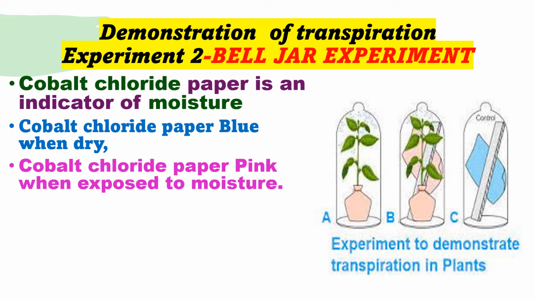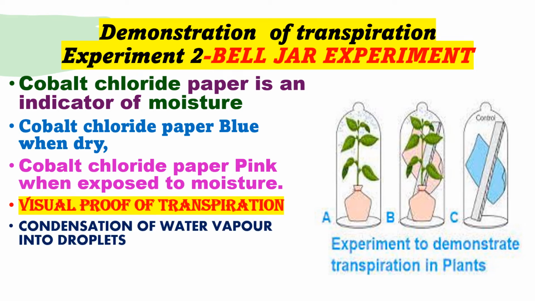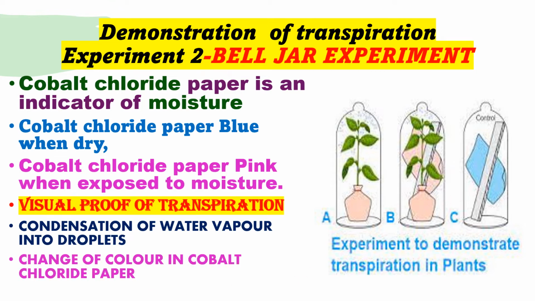Then here you can see two visual proofs of transpiration. First one, condensation of water vapor into water droplets. Here you can see that in setup A and setup B, there is no water vapor in setup C. Then here is another proof, change of color in cobalt chloride paper.